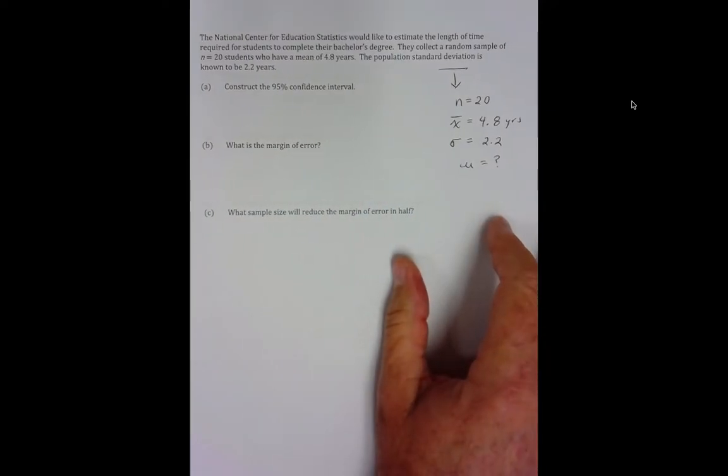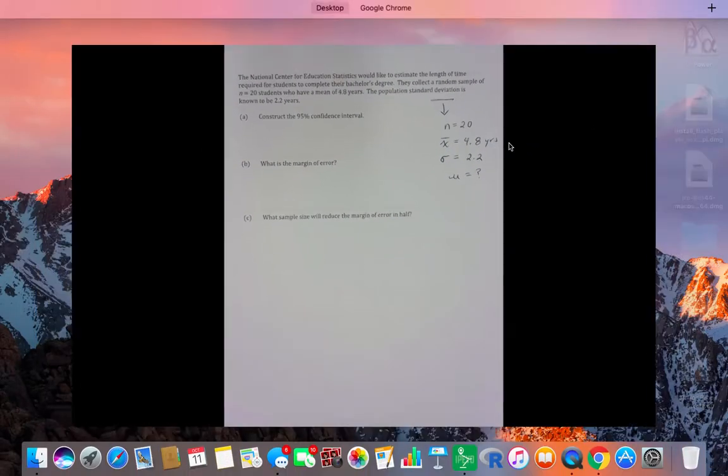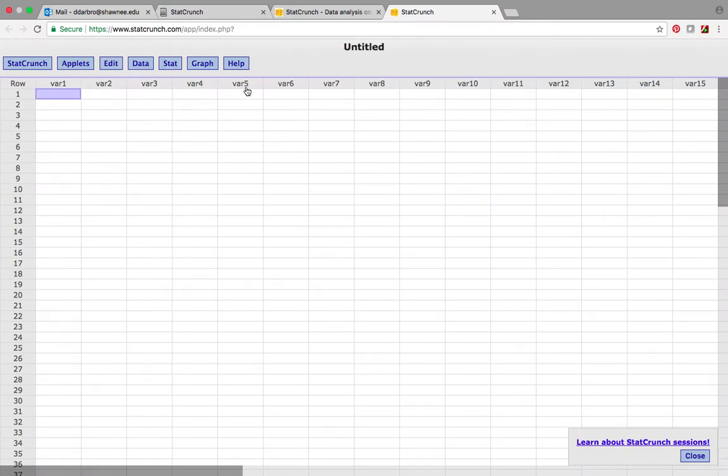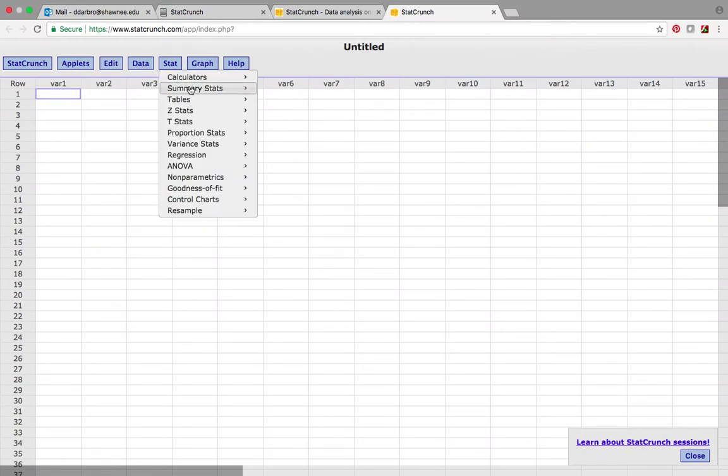All right. The first question says construct a confidence interval. I'm going to go to StatCrunch to do this. I'm going to go to Stat, Z Stats, One Sample. If you don't have StatCrunch up, just pause me, get StatCrunch up and hit play.